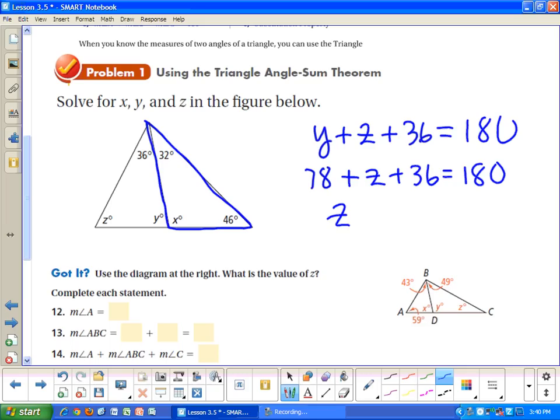So z is equal to 180 minus 78 minus 36, which is 66.